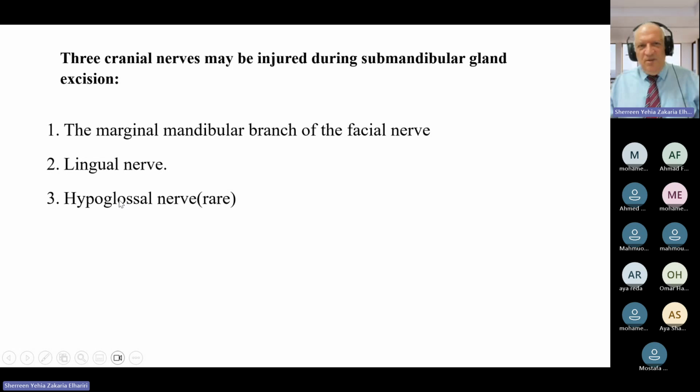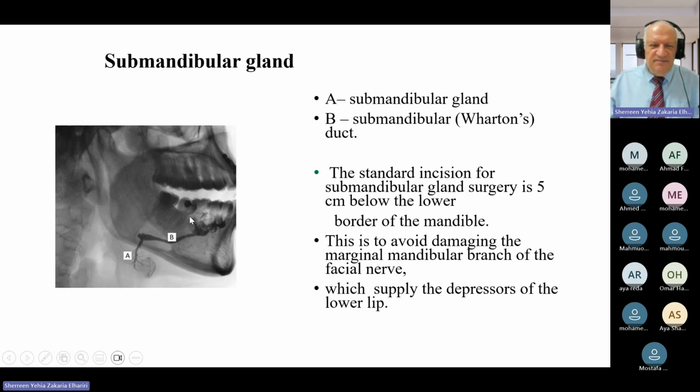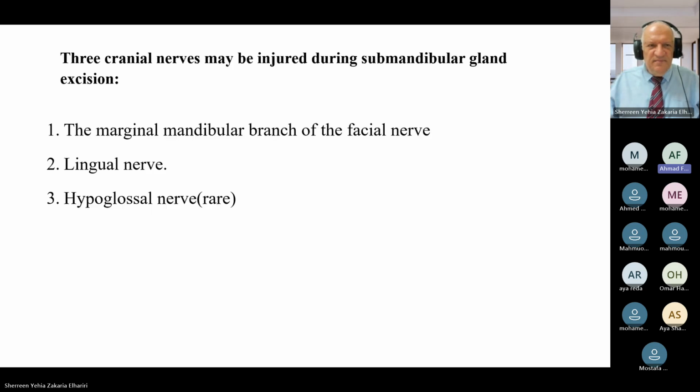Okay, which nerves can be injured during submandibular gland surgery? Marginal mandibular, lingual and hypoglossal. Okay, of course we know the injury and what happened. If the patient has an injury to the marginal mandibular branch of the facial nerve, what happens to the face? An unequal smile and drooping of the angle of the mouth with dropping of saliva. Okay, so it is important.